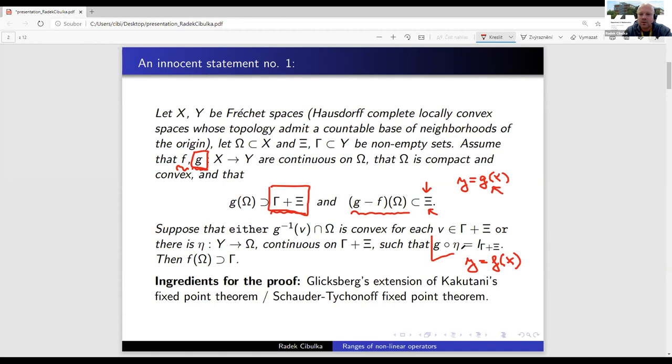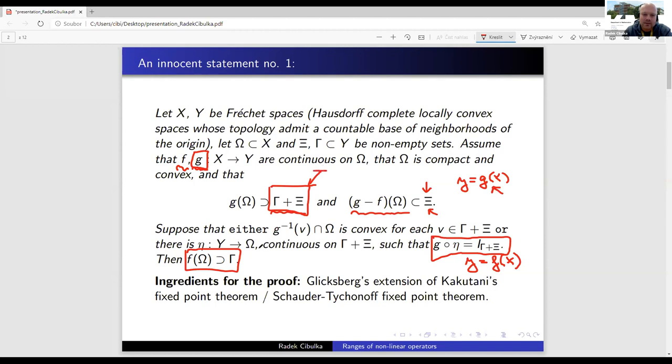So this condition simply means that your G has the inverse, which may be set-valued, but you can select in a continuous way with respect to the changes of the right-hand side. So you have a continuous selection for the inverse, then you are able to solve also the second equation, but for right-hand sides which are in a set which is a bit smaller than the previous one.